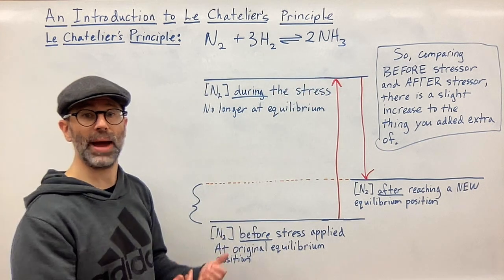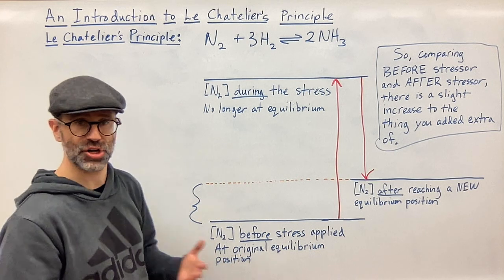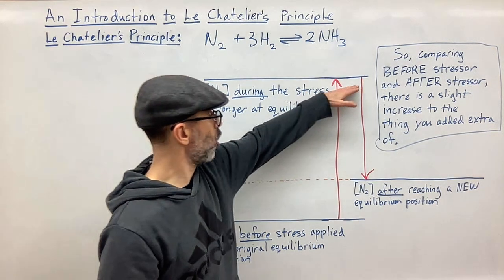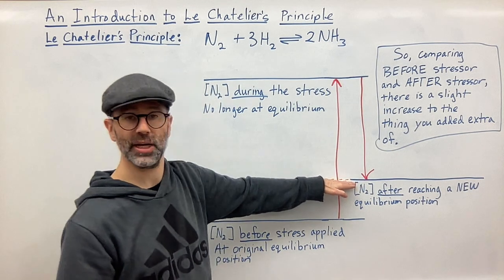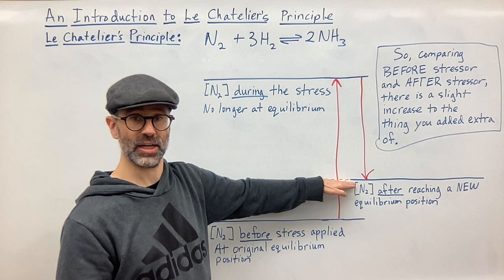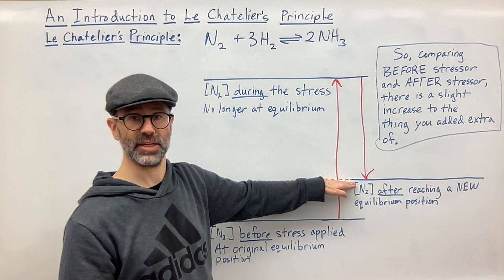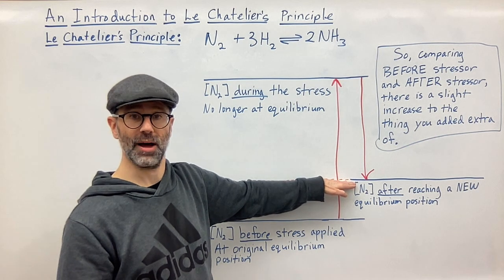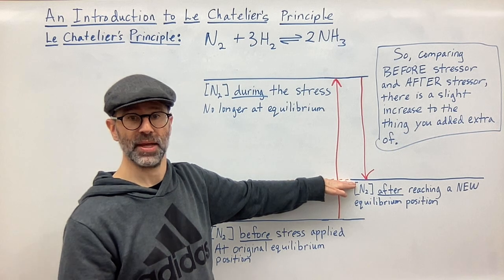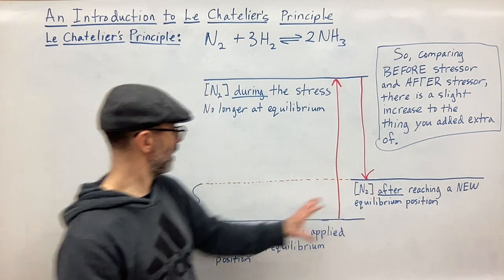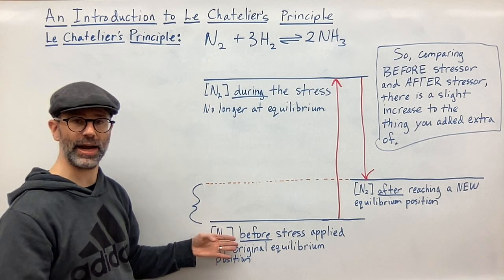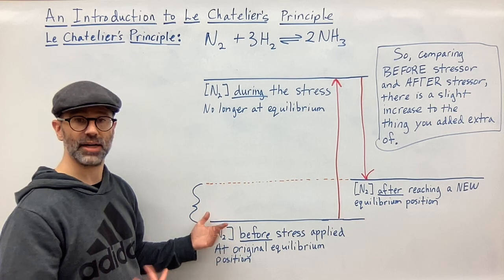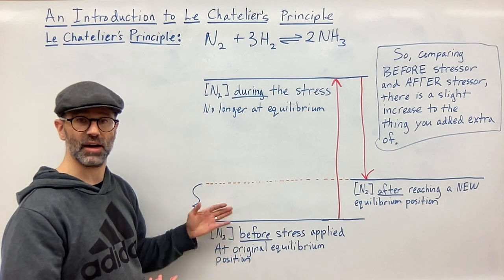But are we going to go back to the original concentrations? No. We'll go down as much as we can, but as soon as equilibrium is reached, we've now reached our new equilibrium concentrations for our reaction. Here you'll see that there's going to be a small difference between the before and after concentrations of the N2.